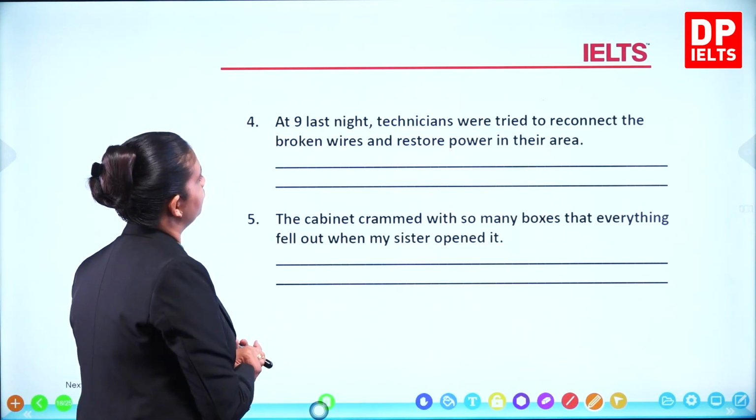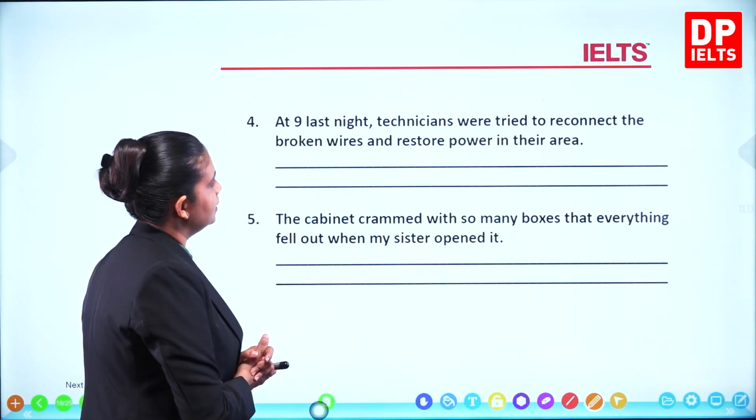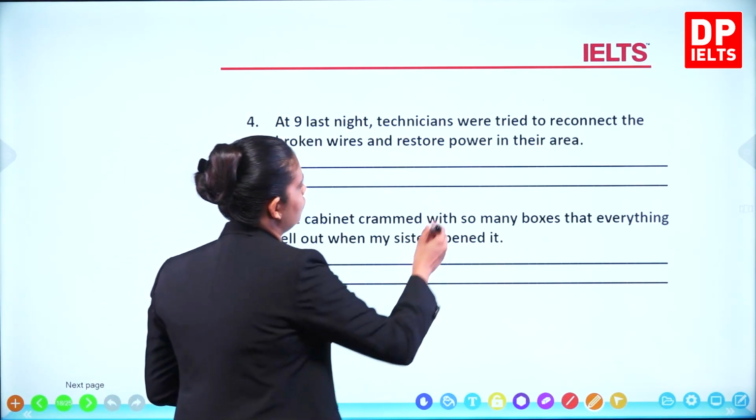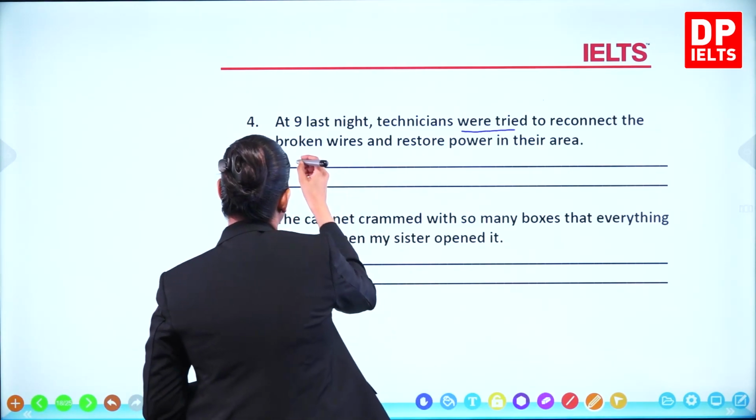Let's have a look at the fourth one. At 9 last night, the technicians were tried to reconnect. So that's wrong, right?